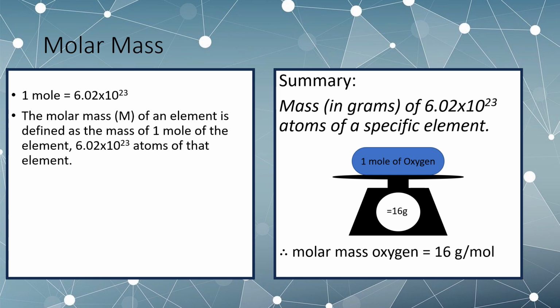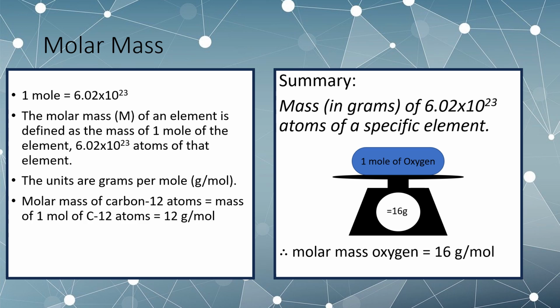In chemistry, we measure mass in grams, meaning the unit for molar mass is grams per mole. Looking at a basic example, the molar mass of carbon atoms, that is, the carbon-12 isotope, is the mass of 1 mole of those carbon atoms. From our original example, when we talked about the mole, we know that that is 12 grams.